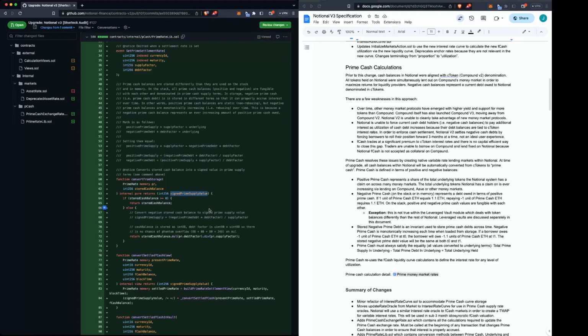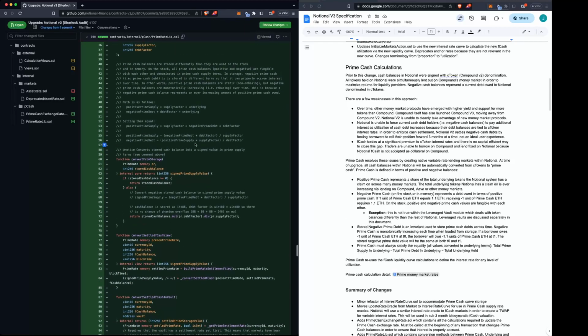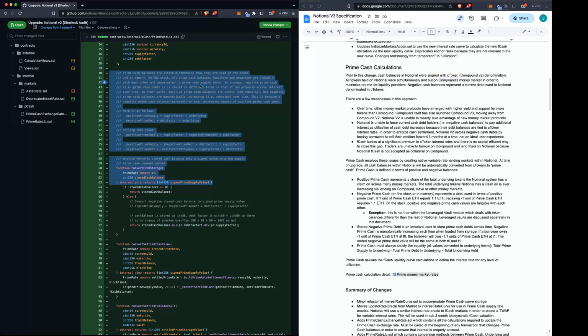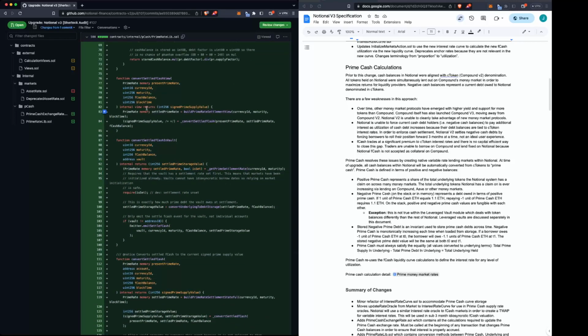So when we read cash balances from storage, we convert them into these prime cash equivalent values. Some of this math is described in a little more detail here, but that's essentially the idea.